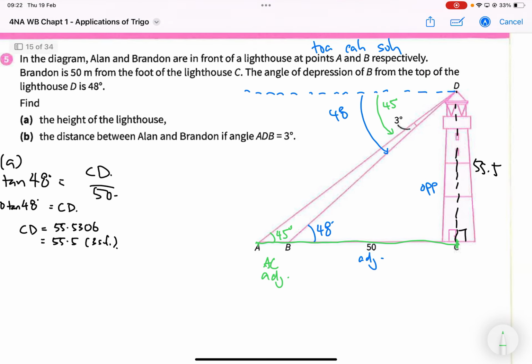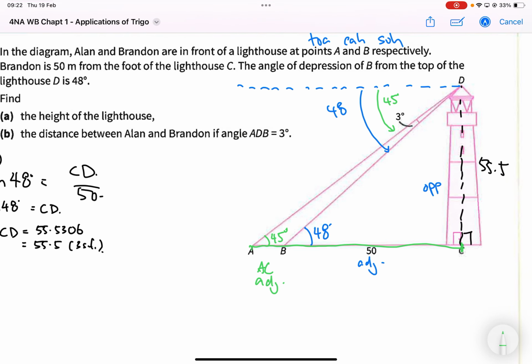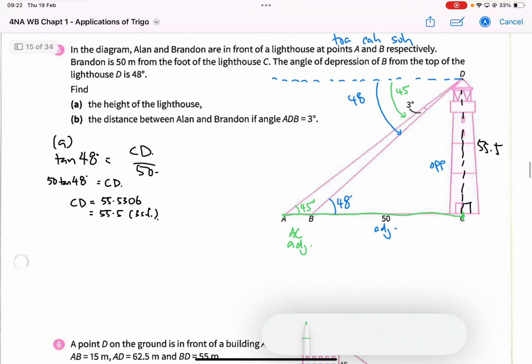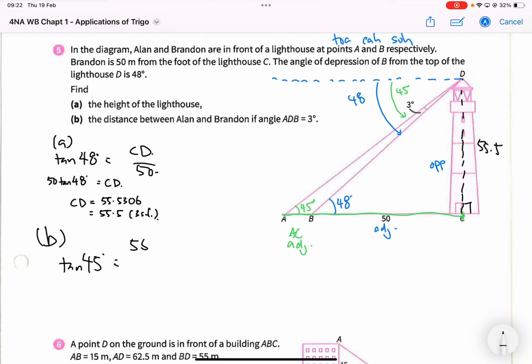Again, opposite and adjacent are linked by tangent. Then I can write down the new one. For part B, tangent of 45 equals the opposite, which is 55.5306. Again, I use the longer number. Divided by AC.